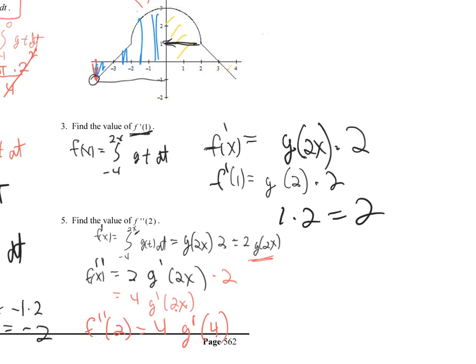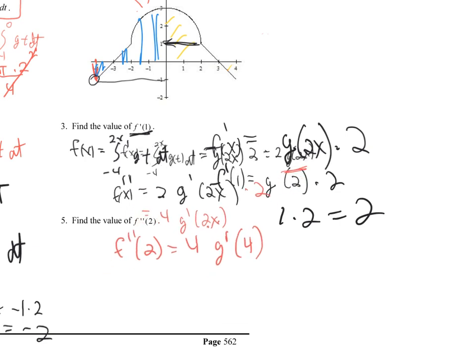Oh wait, I'm doing the wrong problem. I was doing 3. I did 3. What am I doing? Did I lose my work? I lost some work here. There it all is. How did I get down here? I moved the paper.